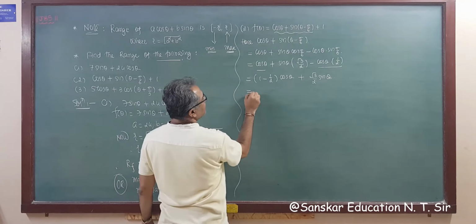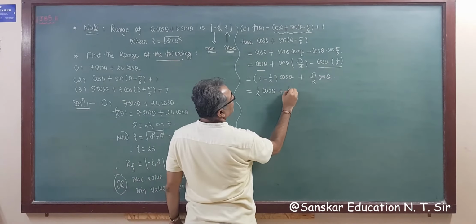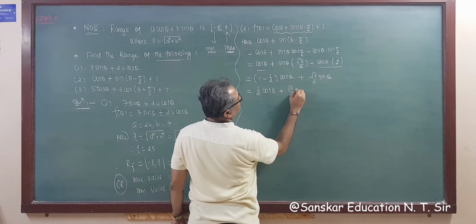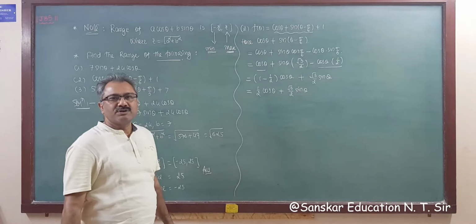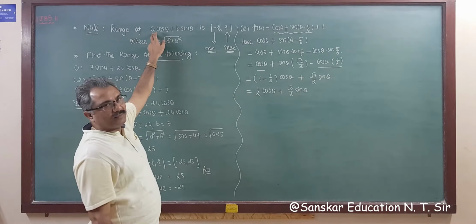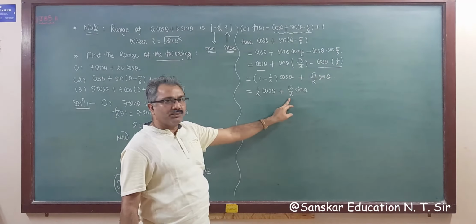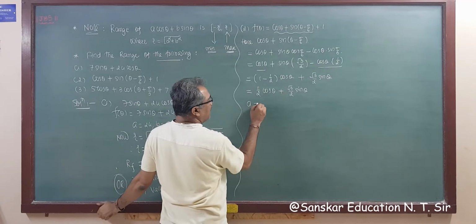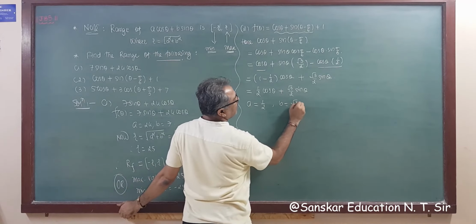So this is half cos theta plus root 3 by 2 sin theta, right? Now comparing with this standard form formula, a is half, b is root 3 by 2.